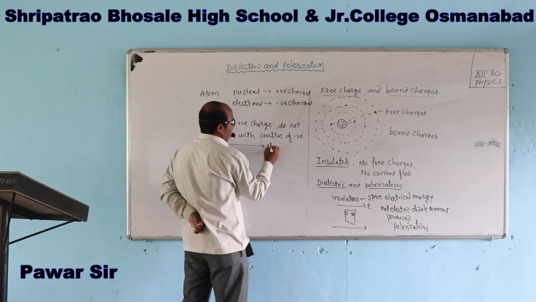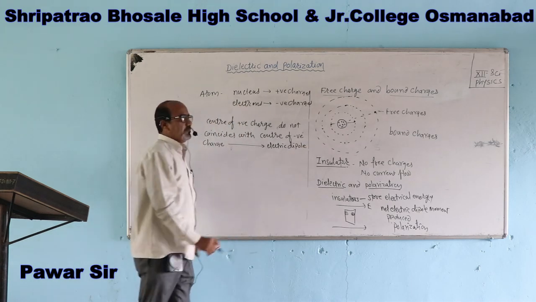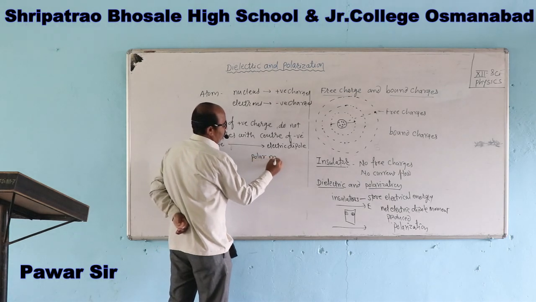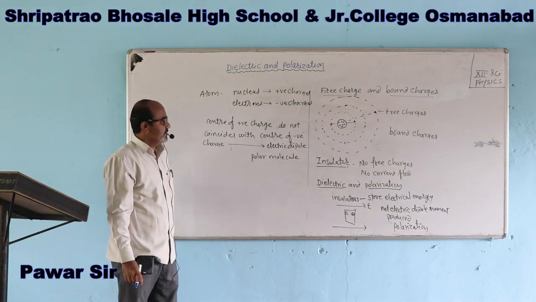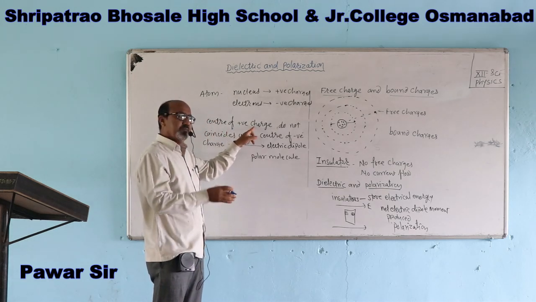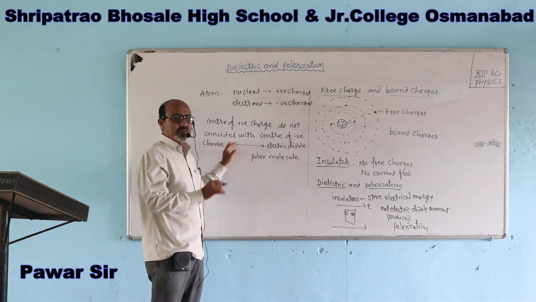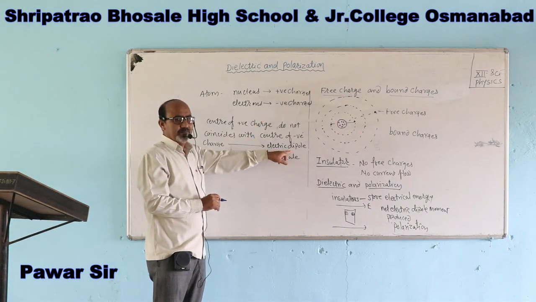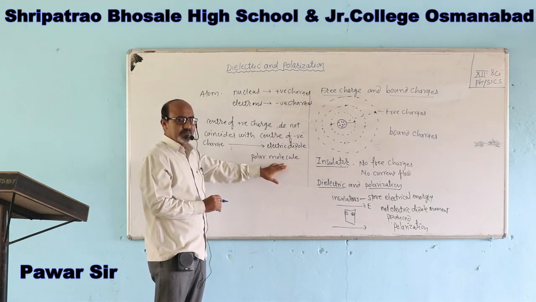Therefore, it possesses an electric dipole. Such a molecule is called a polar molecule, or the substance is called a polar substance. So which is a polar substance? If the center of positive charge of the nucleus does not coincide with the center of negative charge of the electrons, then such a material possesses an electric dipole, and such a molecule is called a polar molecule, and the substance is called a polar substance.